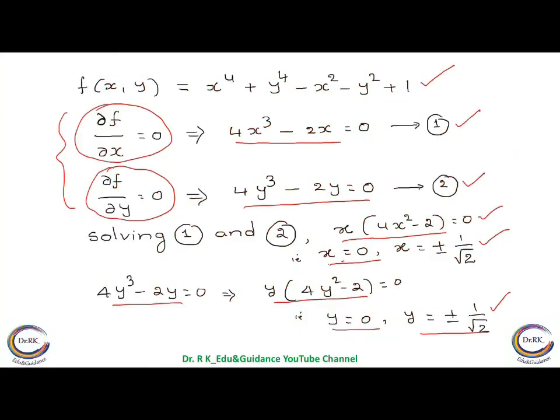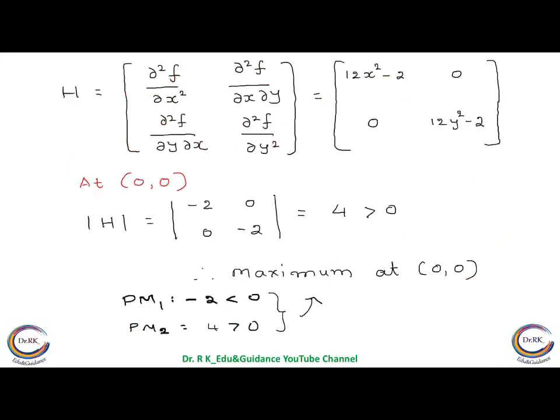Okay, now at each point, first let us take H, ∂²f/∂x², its second derivative 12x² minus 2. In this case, the first derivative with respect to y does not have any x term, and similarly for the y term, so the derivative of f with respect to x as well as y becomes 0, and this is now very simple.